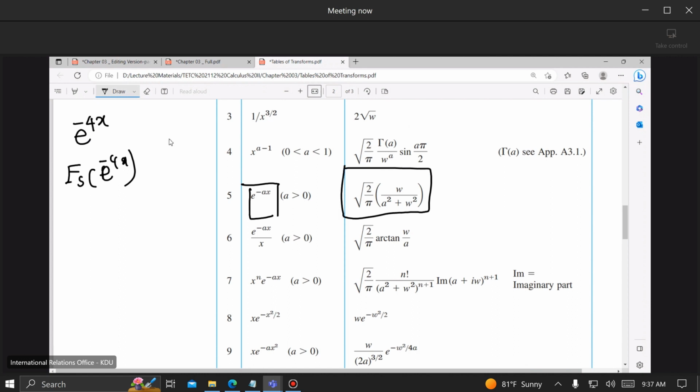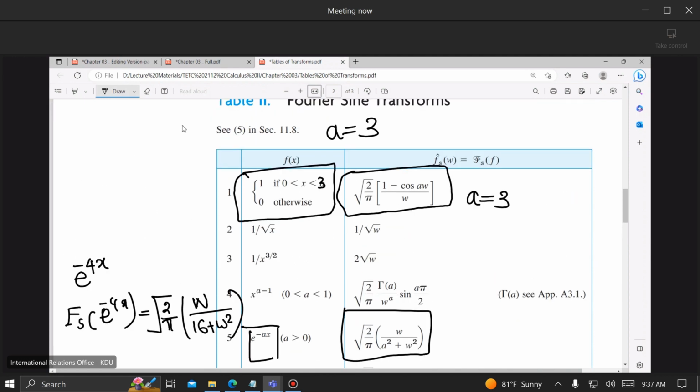Since our a is equal to 4, you can obtain the answer by substituting a by 4. So the answer is w over 16 plus w squared. This is the Fourier sine. This is the table of Fourier sine transforms.